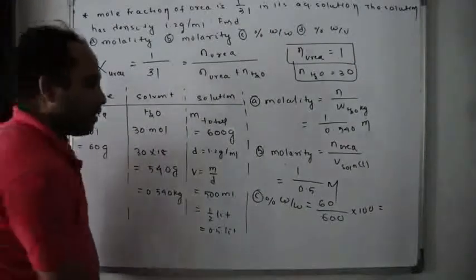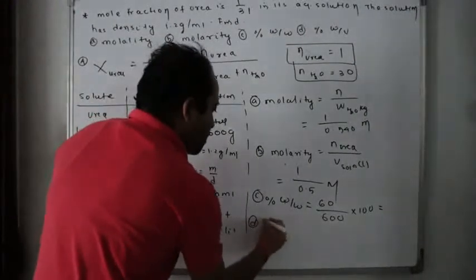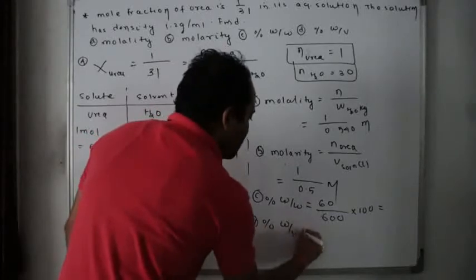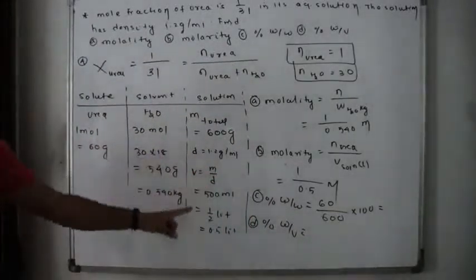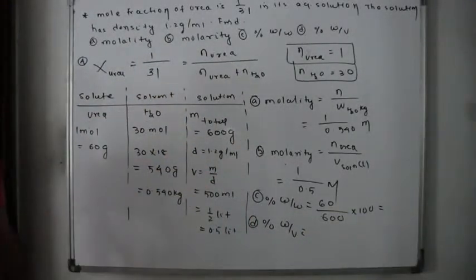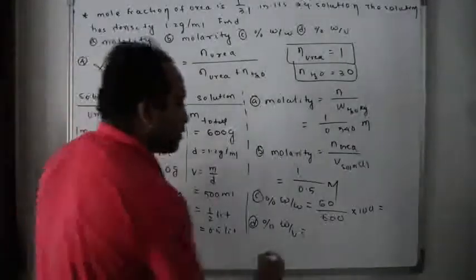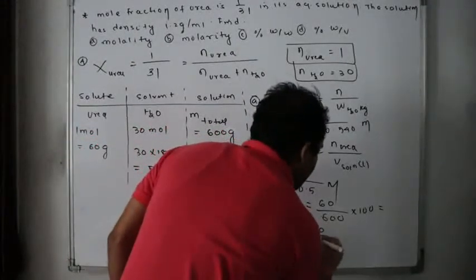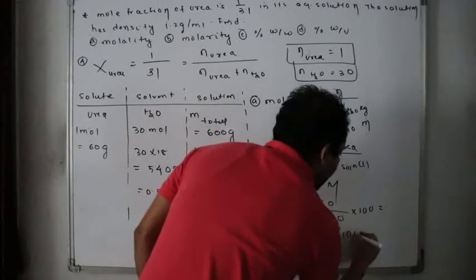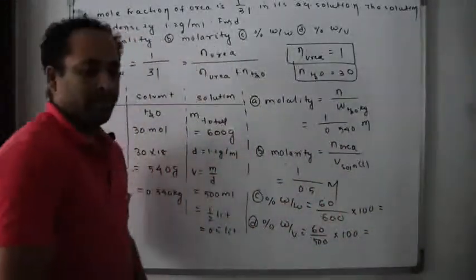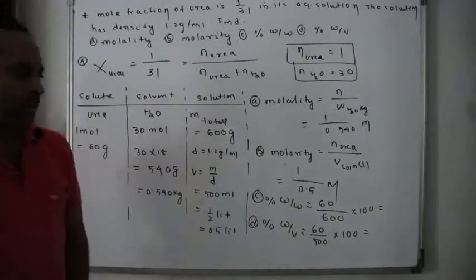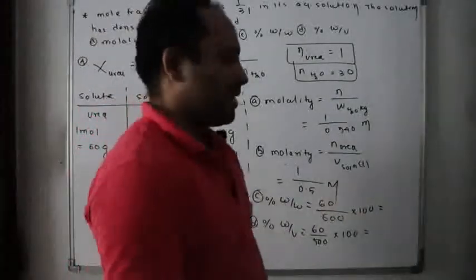Yes or no? Now D, percentage W by V: weight in gram of the solute by volume of the solution in ml, isn't it? So it is 60 by 500 into 100. Yes or no? Clear? So it is 12%, this is 10%.